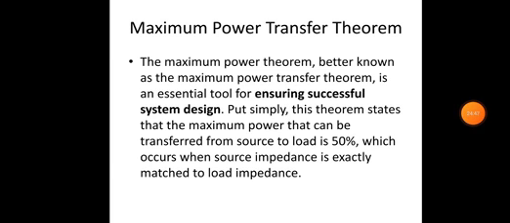The theorem was originally misunderstood to imply that a system consisting of an electric motor driven by a battery could not be more than 50% efficient, since the power dissipated as heat in the battery would always be equal to the power delivered to the motor when the impedances were matched.